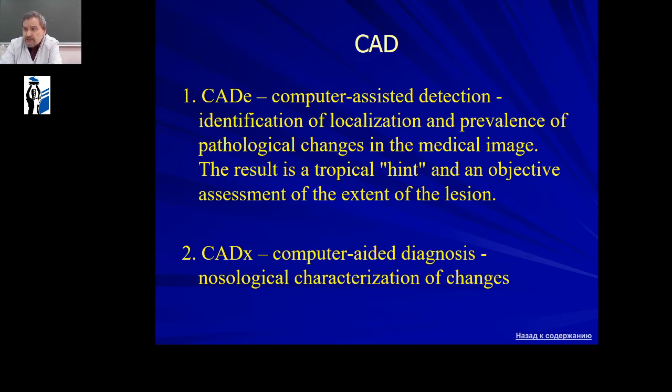This is a situation when this system, trained by us with the help of a neural network, performs nosological diagnostics. That is, the computer indicates a certain disease or group of diseases. For example, an indication of the nature of the tumor process, benign or malignant.